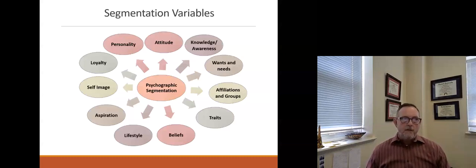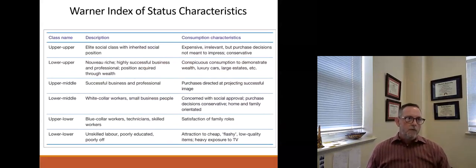There are other ones too, though. The textbook will have a different set of ones. There's something called the Warner Index of Status Characteristics. We've heard of upper, middle, lower class, and there are others here, right? Upper, lower upper, upper middle, upper lower, and lower, and some different descriptions of what they have and the consumption characteristics they share.